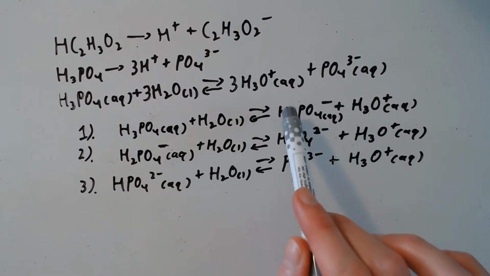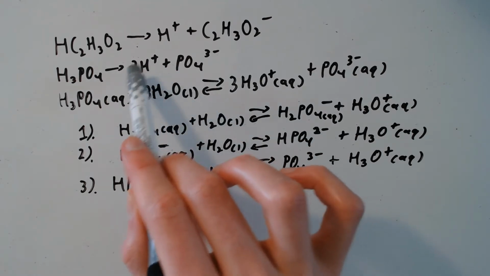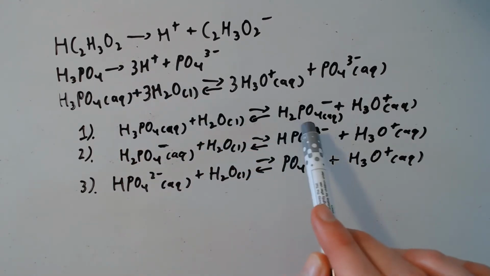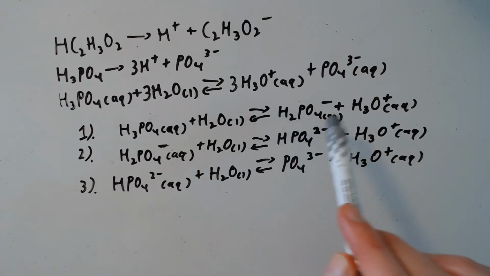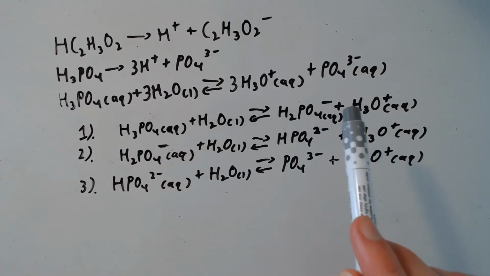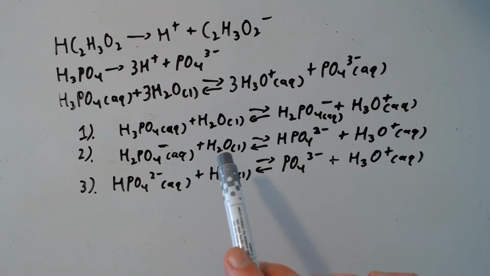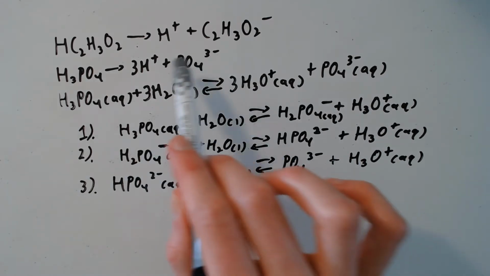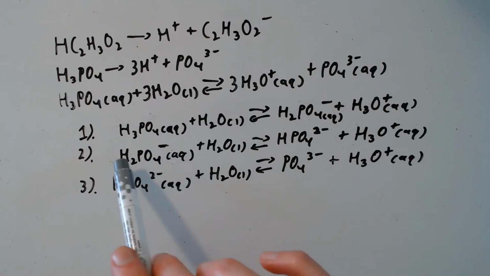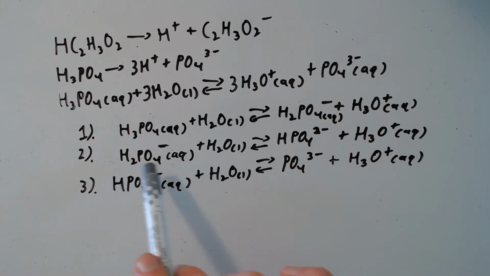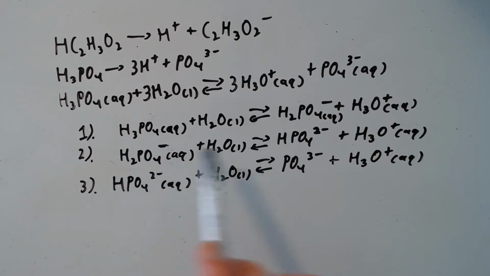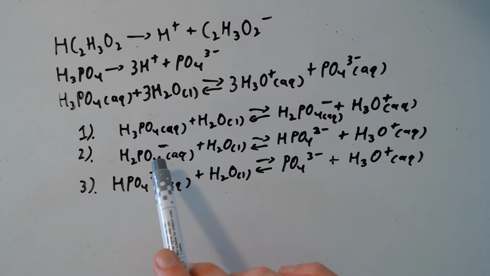Since these H ions are positive, it becomes more difficult for this H2PO4 minus acid to lose additional H's because it is negative and the H plus is positive. So to take off another H, like in this reaction, it becomes more difficult because this negative charge pulls back these positive H pluses that get pulled off.